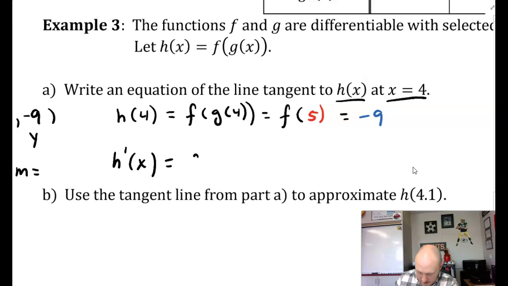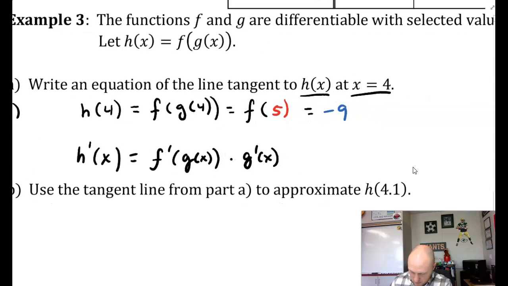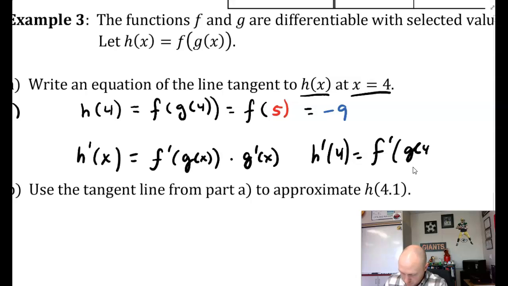The derivative of the outside, f prime of g of x, times the derivative of the inside, which is g prime of x. Now h prime at 4 gives us f prime of g of 4 times g prime of 4.